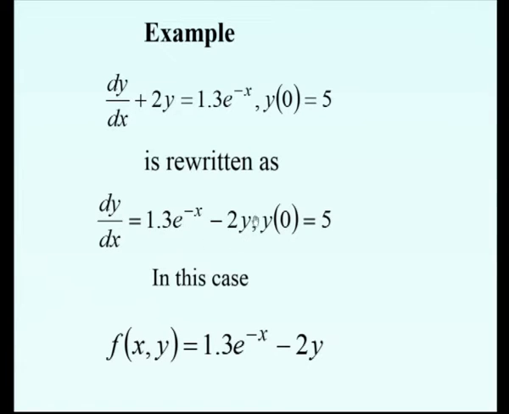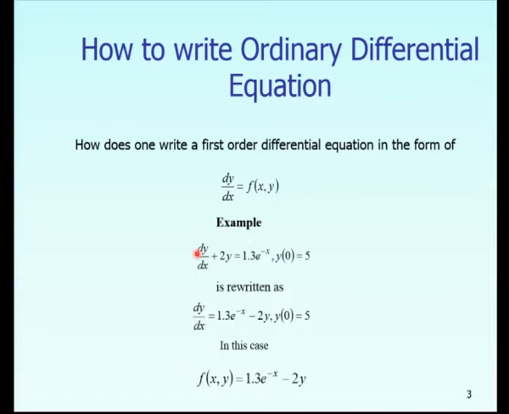Now I can write the entire right hand side expression as the given function f of x, y, as 1.3 e raised to minus x minus 2y. In this manner, for any differential equation, only the derivative term you keep on the left side, all the remaining terms can be taken to the right side, and that can be expressed in this form, dy by dx equal to f of x comma y.